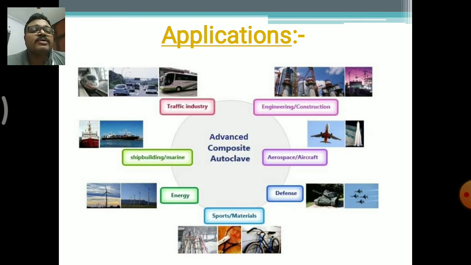So in bicycles, tennis rackets, and cricket bats, some parts of the cricket bats use FGM materials only. In tennis rackets, the outer layer is made with these FGM materials. They are very light in weight and have very high stiffness and strength.